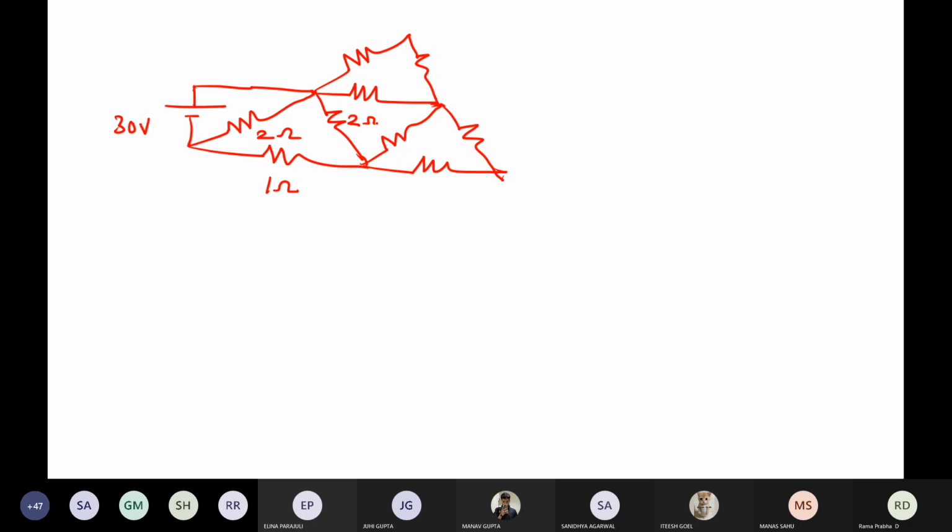This is also 2 ohm. This is 4 ohm, 2 ohms, 2 ohms. This is 2 ohm, 1 ohm, and this is also 2 ohms. So these are all 2 ohms, students. All the outside ones are also 2 ohms. This is 4 ohm, and the down two are 1 ohm. That's all. Same question, determine the current delivered by the source.